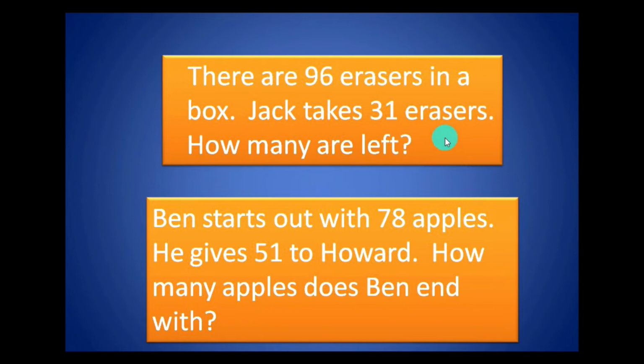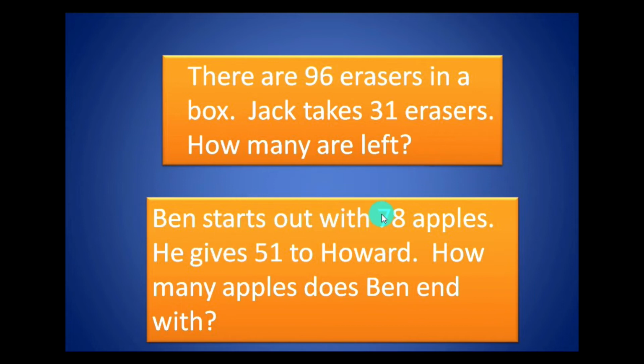That's going to be how you solve this problem. So if you take a look at left, you know that you're in a subtraction path. You look over here, what it tells you, 96 erasers in a box. Jack takes 31, so what's left, then you're taking away 31 from 96, and your answer would be what's left. Okay? Let's take a look at the next one.